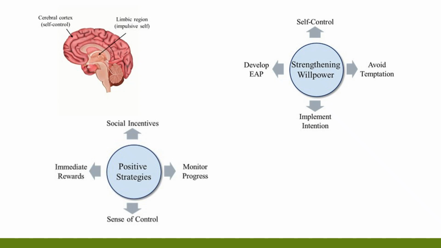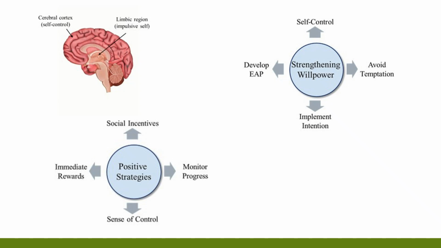We also say, one thing you can do to help yourself resist temptation is to avoid temptation. So in the latter part of the day, when you know you're more prone to those bad behaviors, get them out of sight, out of mind. Hide those chocolates. We also talk about developing an emergency action plan, an EAP. And there are several ways you can do this. One way is through social connections and social engagement.